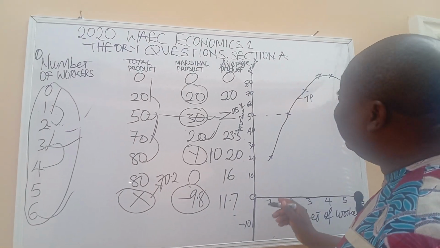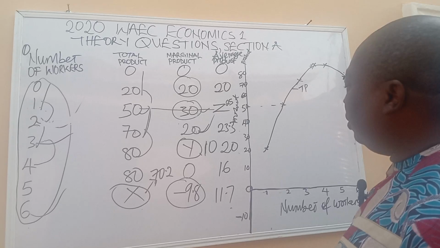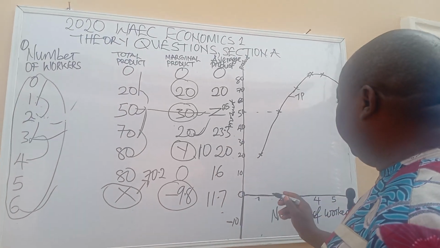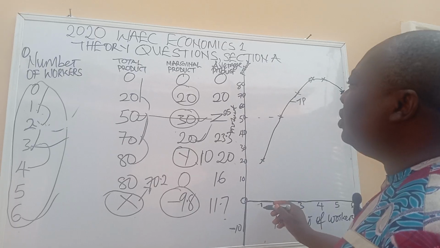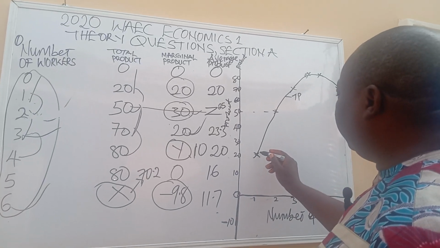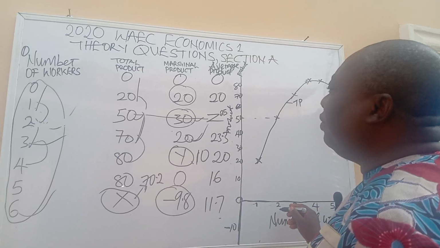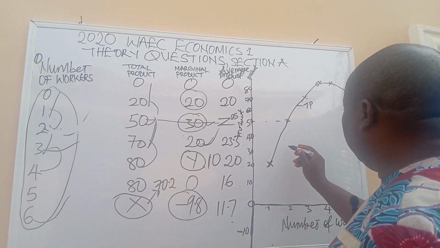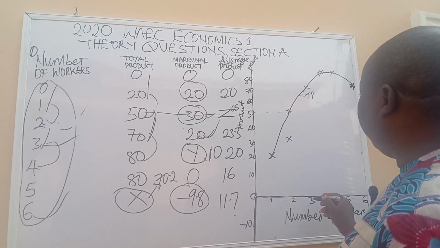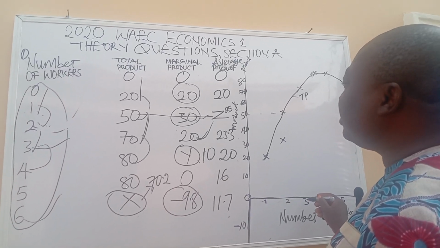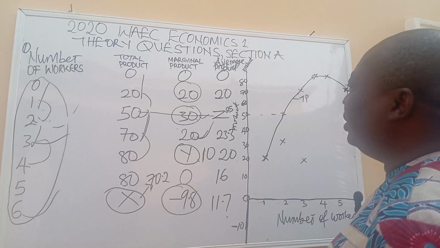When number of workers is 0, marginal product is also 0. When it is 1, marginal product is 20. When it is 2, marginal product is 30. When it is 3, marginal product is 20.